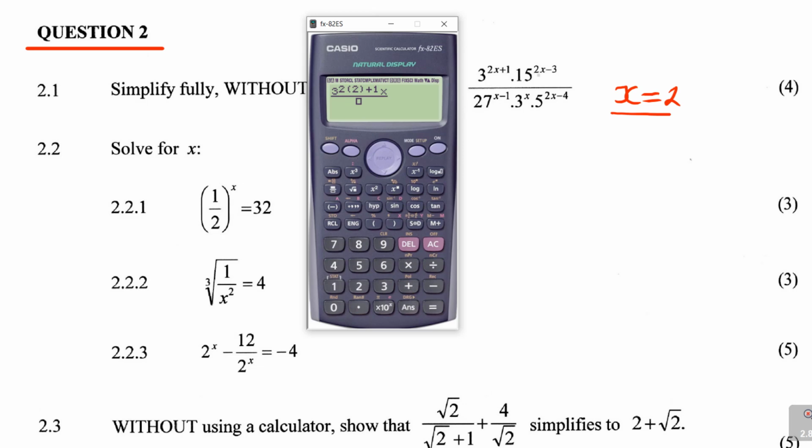You multiply, dot means times, 15 to the exponent 2 times 2 minus 3, over 27 to the exponent 2 minus 1 times 3 to the exponent 2, and then times 5 to the exponent 2 times 2. I just want to see what it will simplify into, equal to 15.